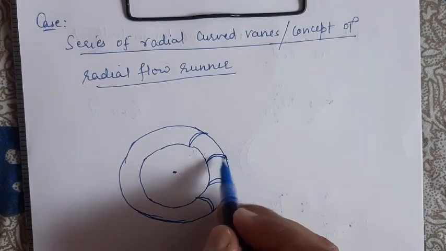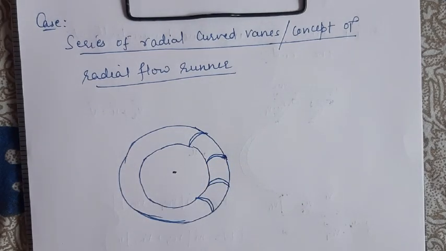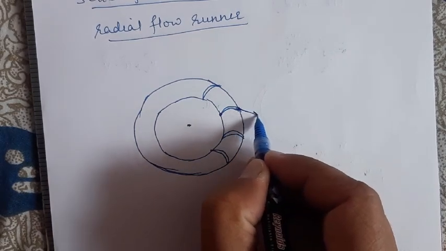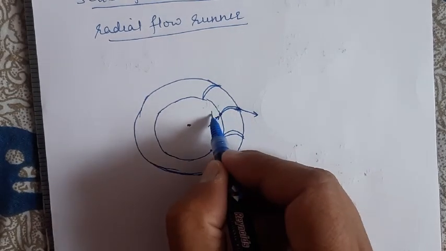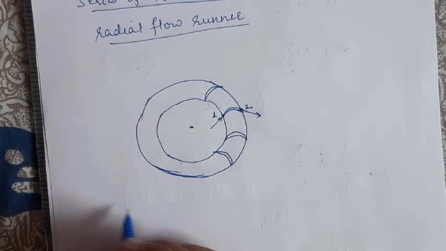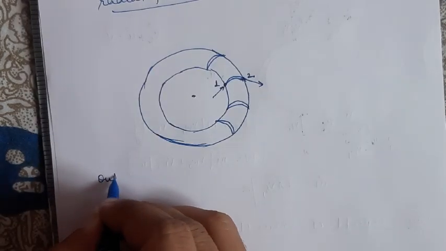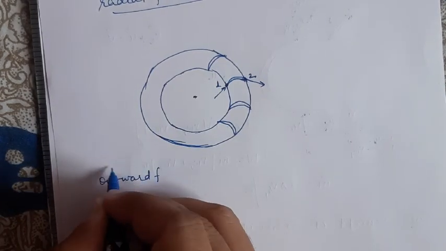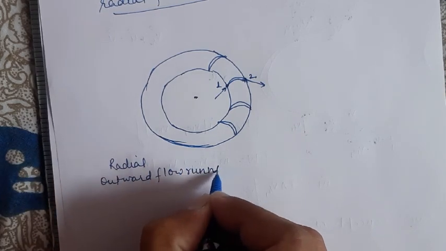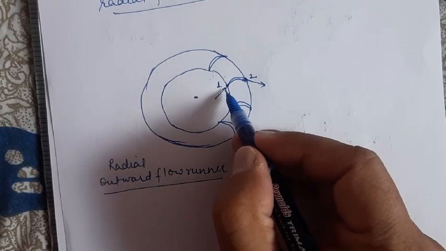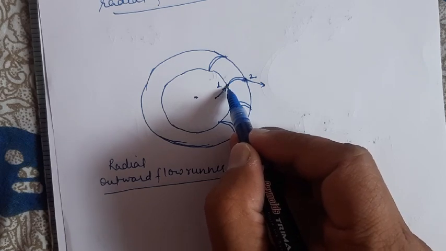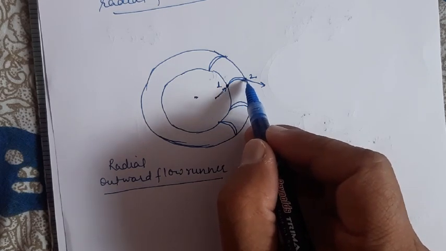Now dear, there are two cases. Either the water may enter at this smaller radius and leave like this. This may be inlet, this may be outlet. This case is known as the radial outward flow runner, when the water enters at the smaller radius and leaves at a larger radius.